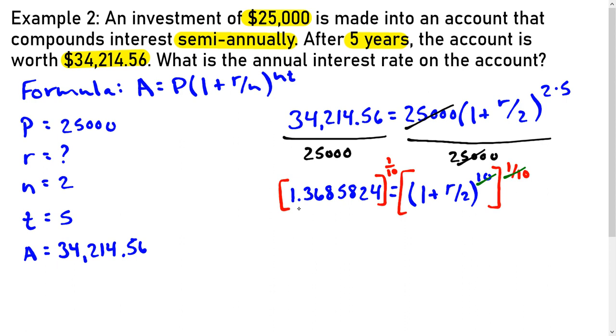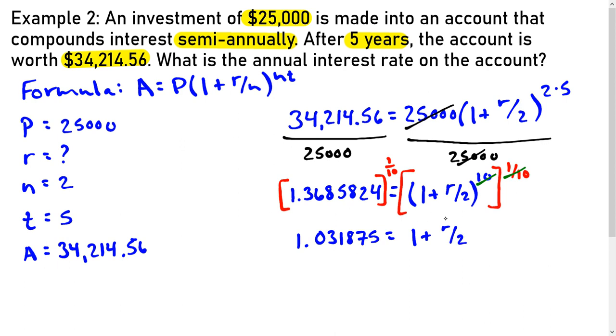But if you go and do 1.3685824 and raise all of that to the 1/10, again, use your calculator here, folks, we're going to get 1.03187, okay? And that's going to be equal to 1 plus r over 2.